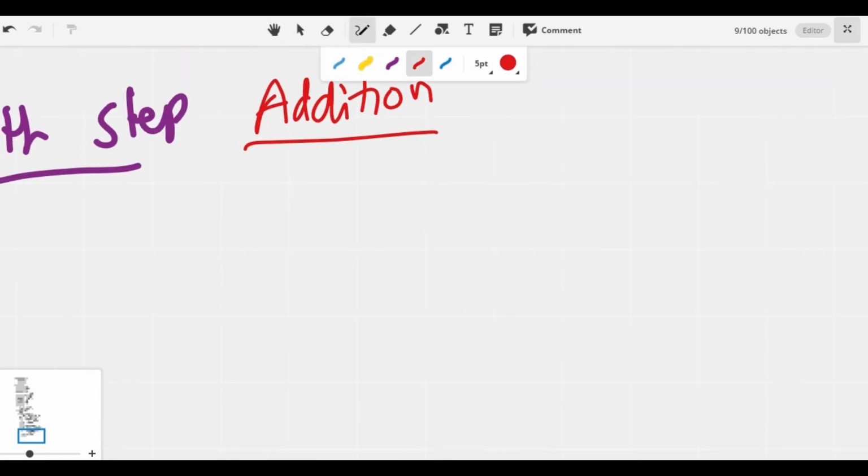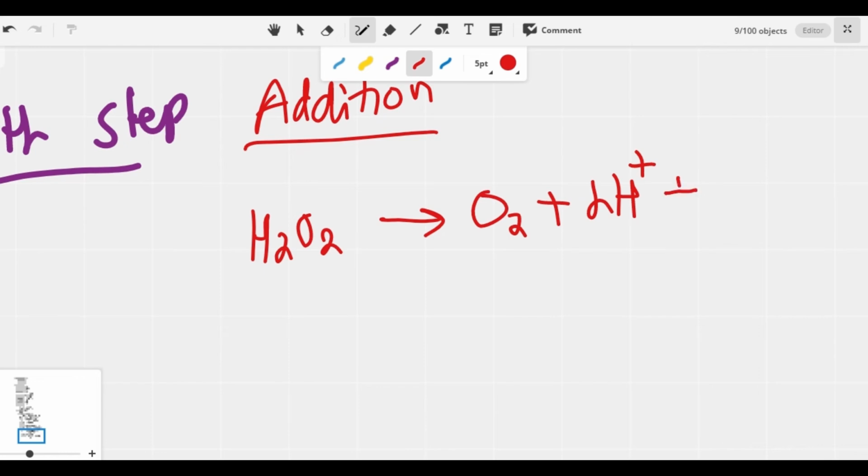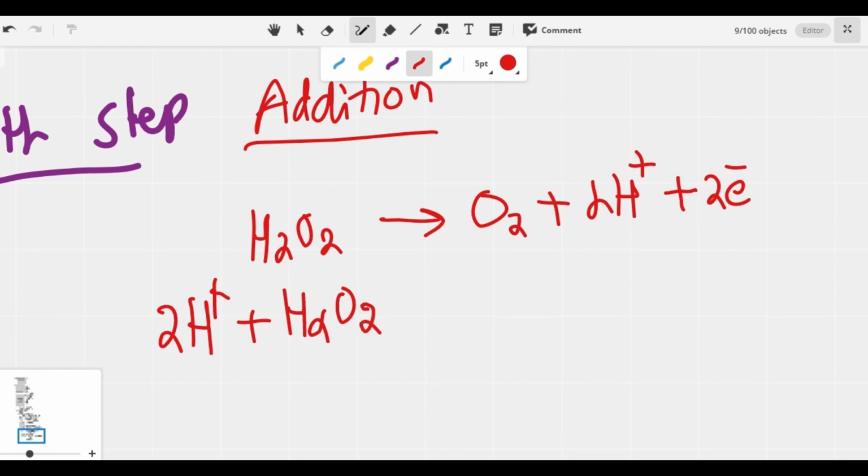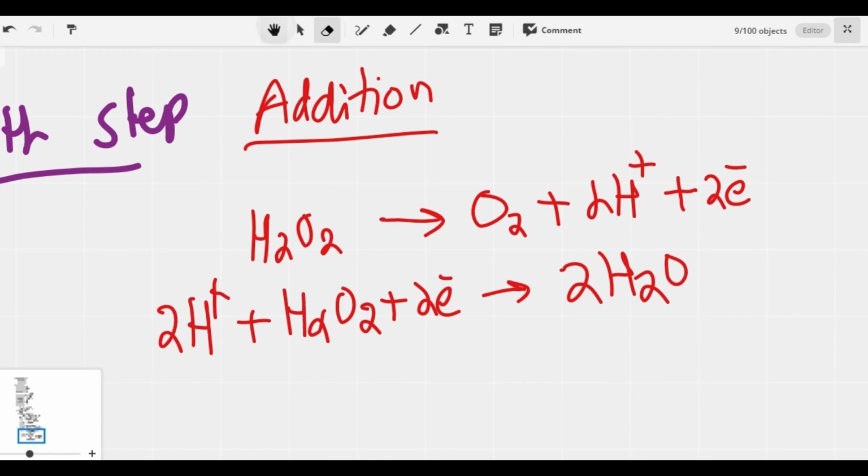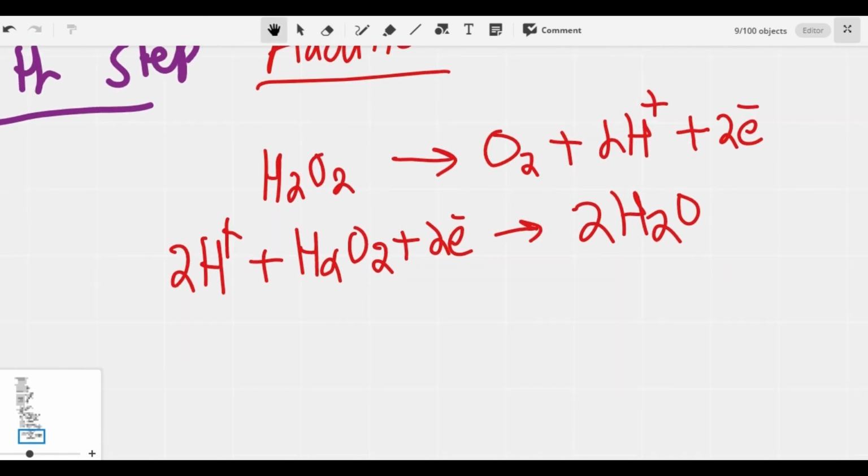Here I'm going to write again H2O2, it will give oxygen plus 2 hydrogen plus 2 electrons, and in the second one that is 2 hydrogen plus H2O2 plus 2 electrons, that will give 2H2O.